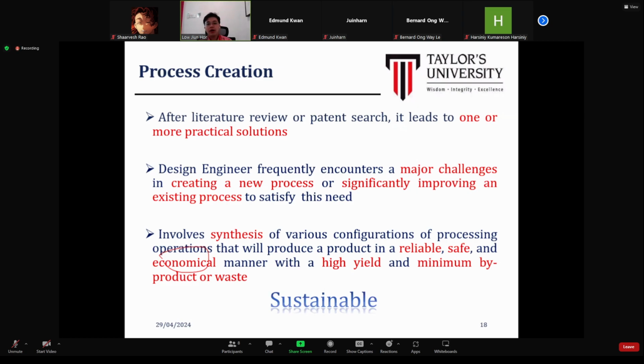Of course, even though you want to make a profit, you cannot sacrifice the environment and society, and you need to make sure your plant can produce a high amount of product. You also need to make sure the performance of the chemical plant that you design is always optimal.